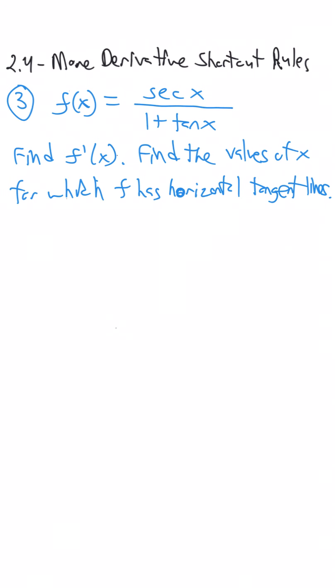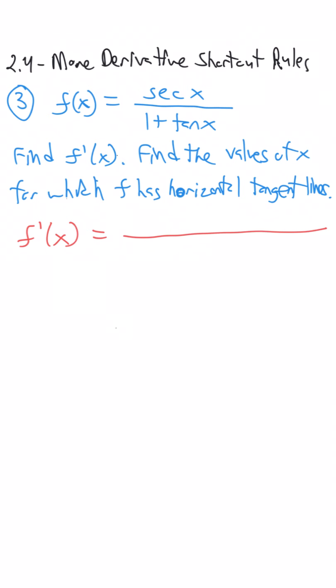So this thing here is considered just a quotient function. And how do we take its derivative? You've got to use the quotient rule. Remember the quotient rule? Low d high minus high d low over low low. Say that with me. Low d high minus high d low over low low. All right, here we go.